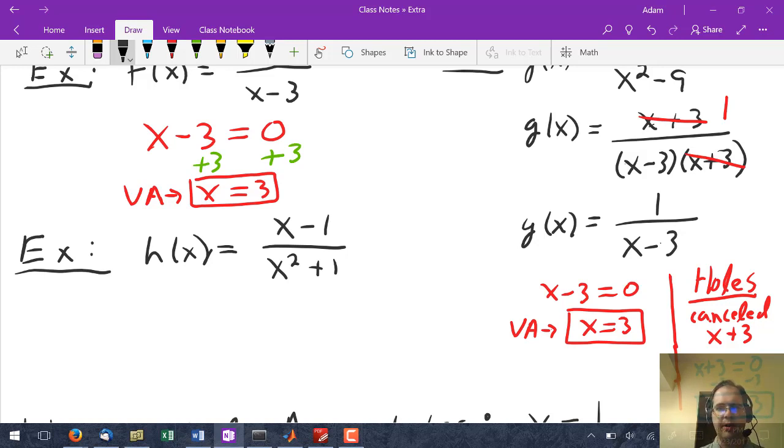There's another example here for vertical asymptotes, h of x. Go ahead and look at it for just a second and think about what you could start with if you're asked to find the vertical asymptotes here, based on what we've done so far.